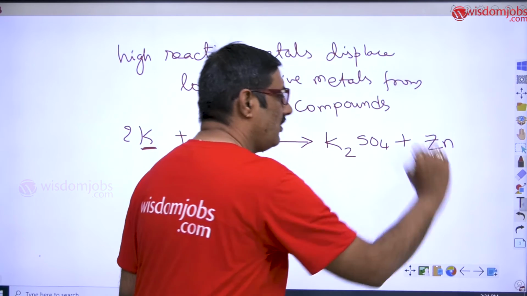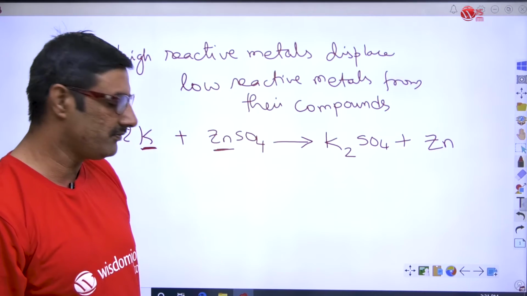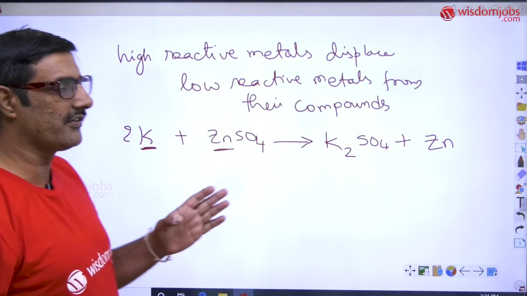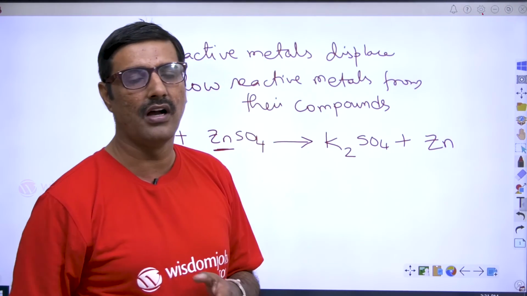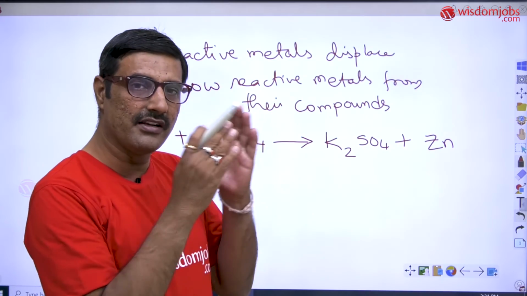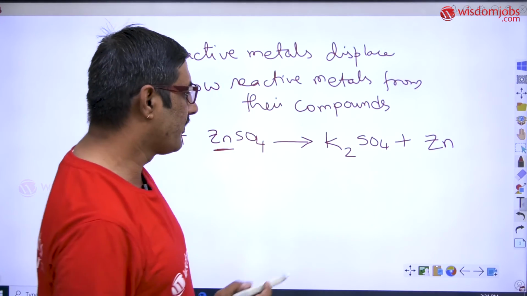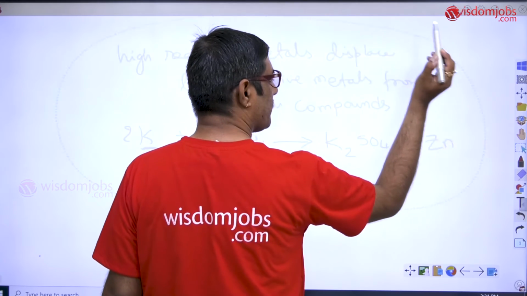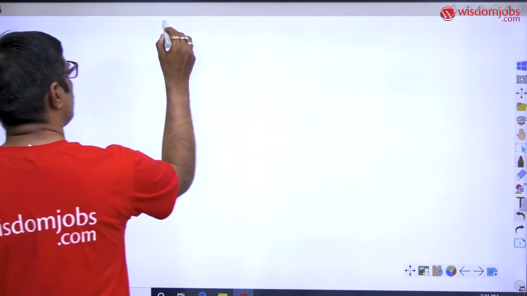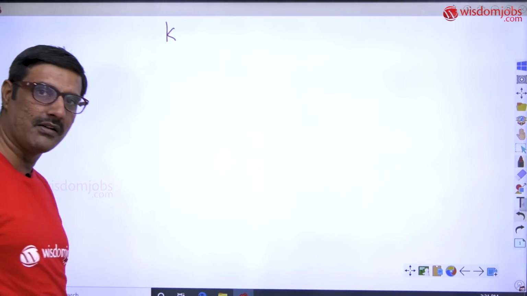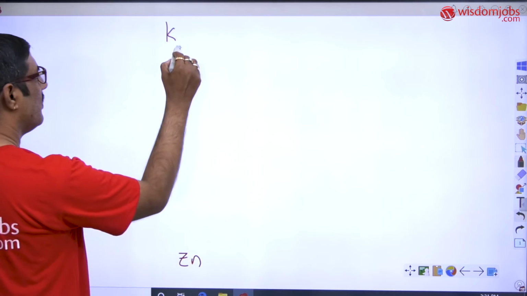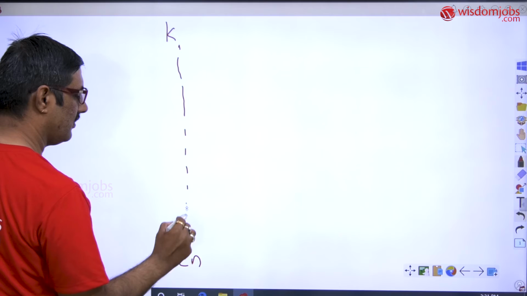We have a reactivity table. Based on that table, we can easily understand which element can displace the other element. The table starts from potassium, the most reactive element, and goes down to the least reactive.